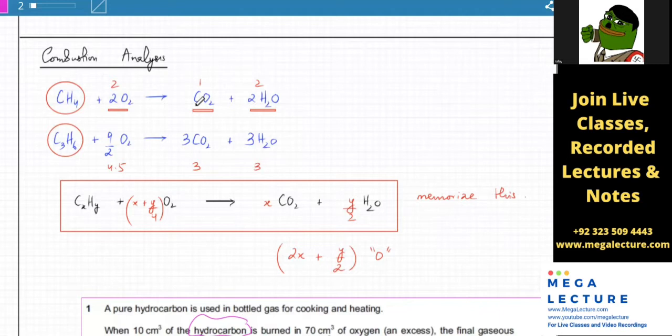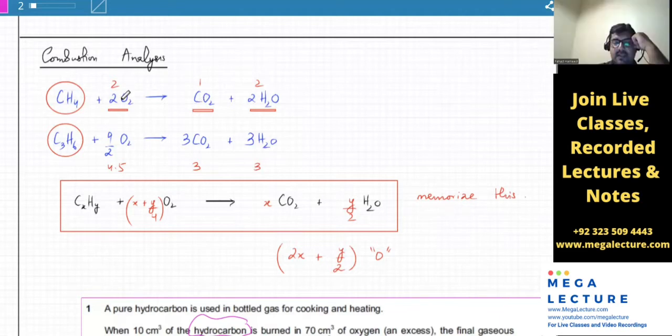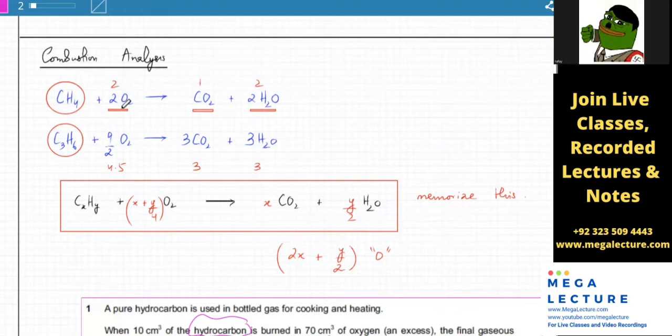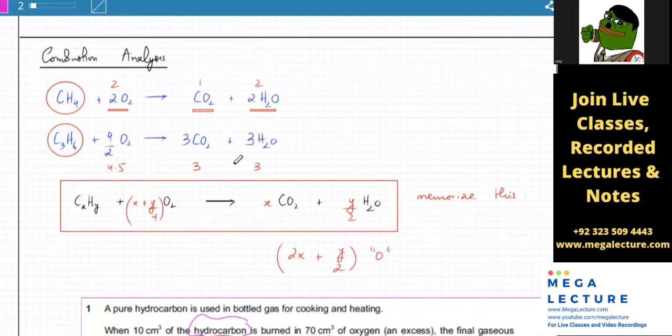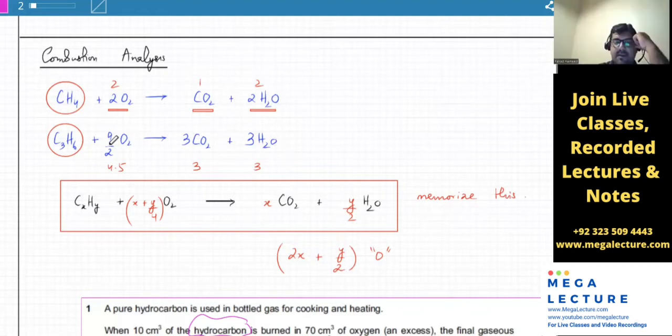So what number do I multiply on the other side? That's half of that, that's 2, right? If I have this many oxygens on the right side, what number do I multiply over there? That's half of this, right? Yes. Here there was 9, so I multiplied 9 by 2 on the other side. So I've got 2x plus y by 2. So I'm going to multiply half of that. What is half of that? That's x plus y by 4.